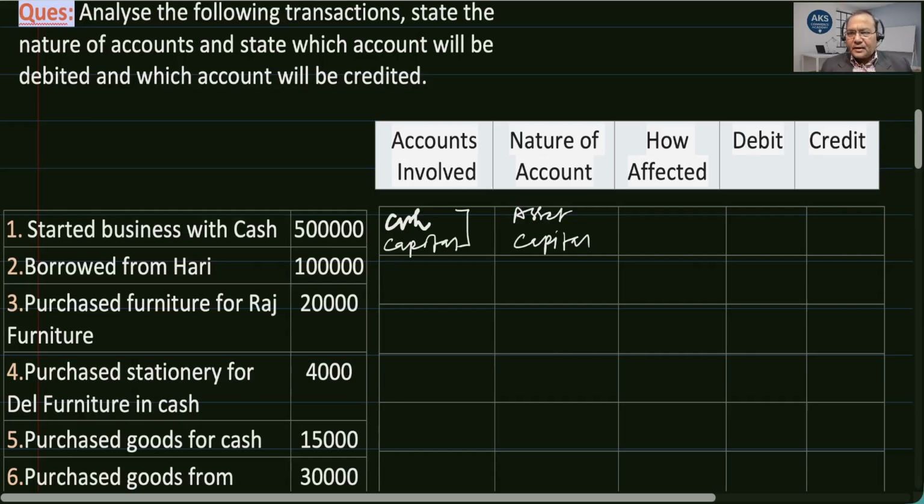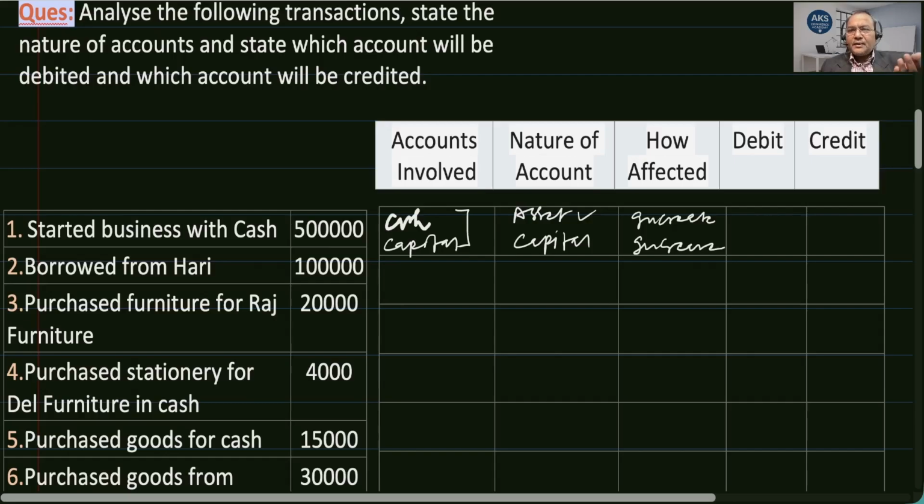The question to be asked because of this transaction is whether this particular asset in the form of cash is increasing or decreasing. When the business receives cash in the form of capital, there is an increase in asset, so we'll write here increase, and capital also increases, so we will write here increase. Now which is to be debited and which is to be credited? Since there is an increase in asset, it is to be debited, because assets show debit balance.